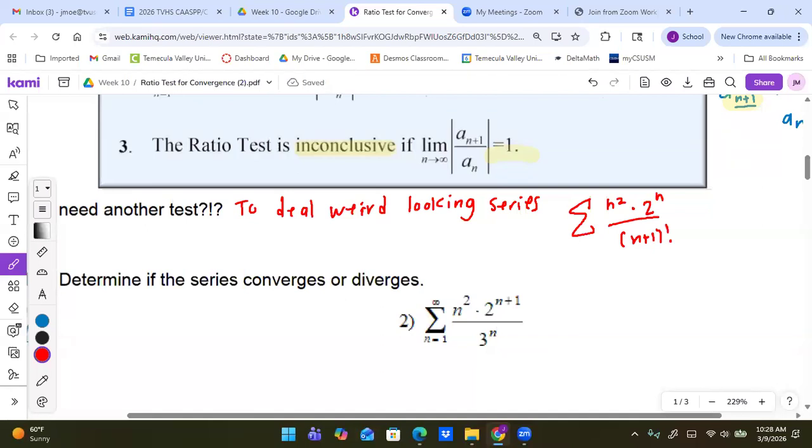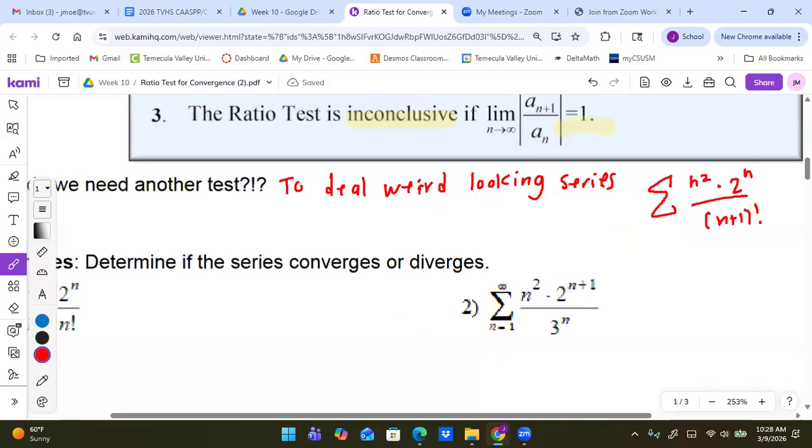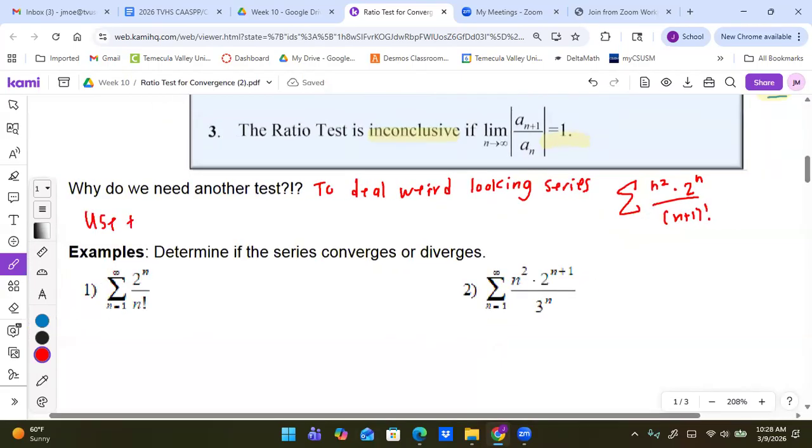So you've got a mix of a p-series, a geometric series, and a factorial. How do you know when to use the ratio test when it looks crazy like this? Basically whenever you see a factorial or an exponential mixed with a power, that's when you do this test. So use this test on factorials, and on exponentials mixed with something, and exponentials.